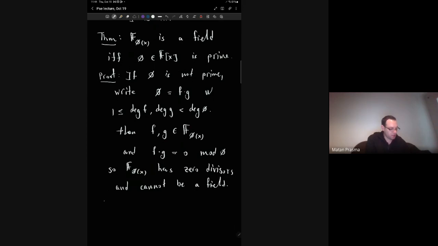Now, conversely, suppose phi is prime. And let R be some arbitrary element in this set of remainders.